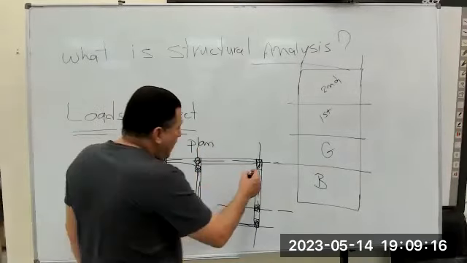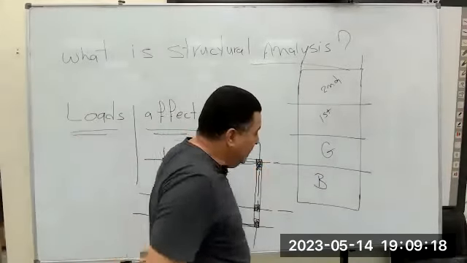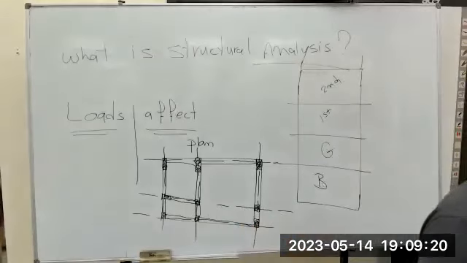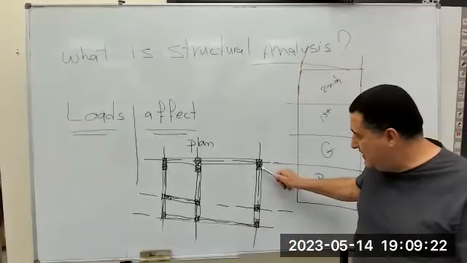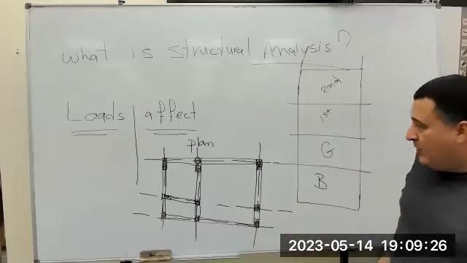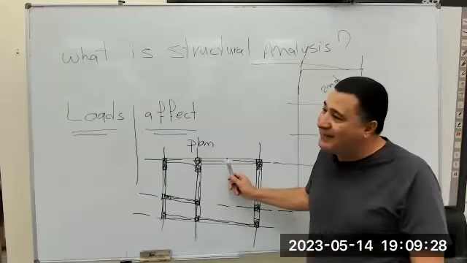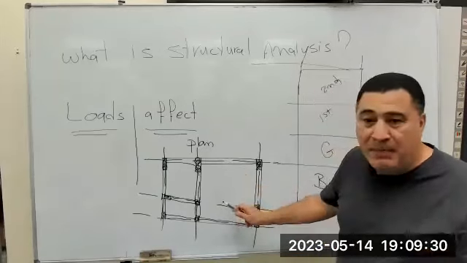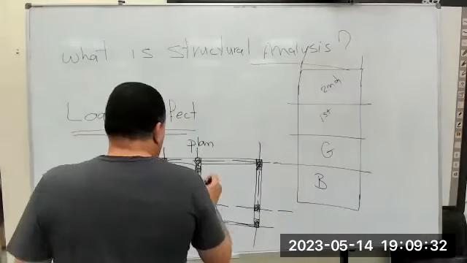What is a member? What is the member I hatched here in the plan? Correct? What about this member? B. What about this member? Left. S1, S2, S3.